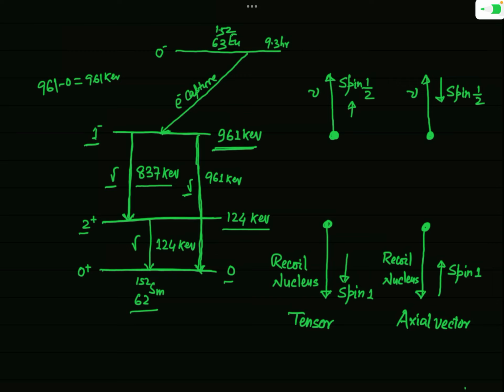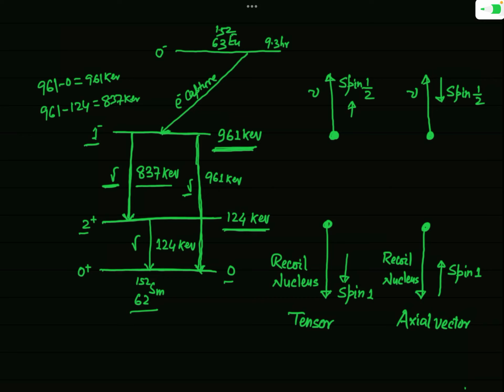Why? Because the transition takes place between the two excited states corresponding to the energies 961 kiloelectron volt and 124 kiloelectron volt. So the energy of the gamma photon will be simply 961 minus 124. Subtract it, and you will get 837 kiloelectron volt. So this gamma photon, which I am underlining here, has an energy of 837 kiloelectron volt.